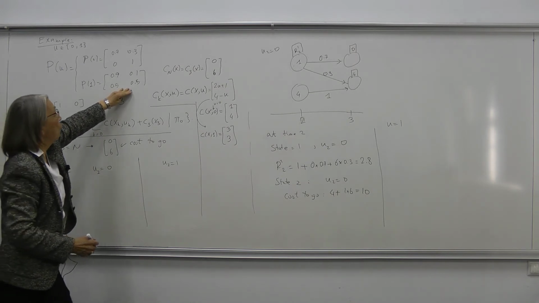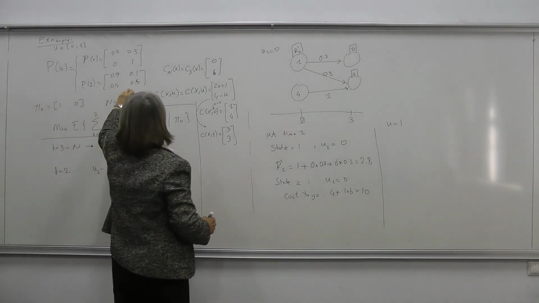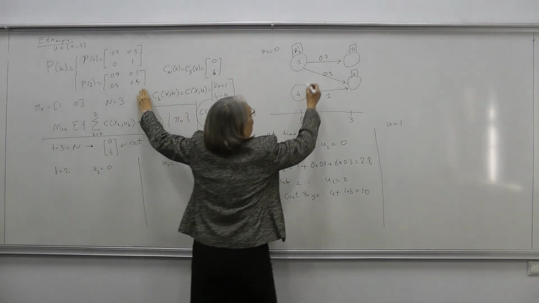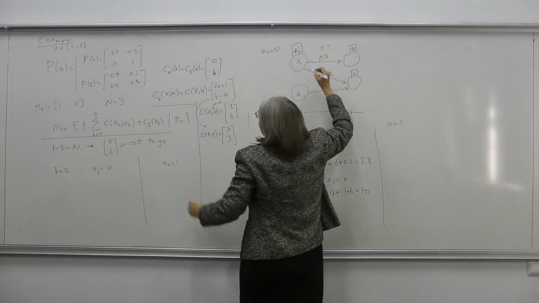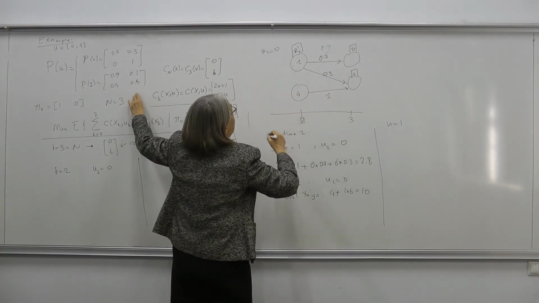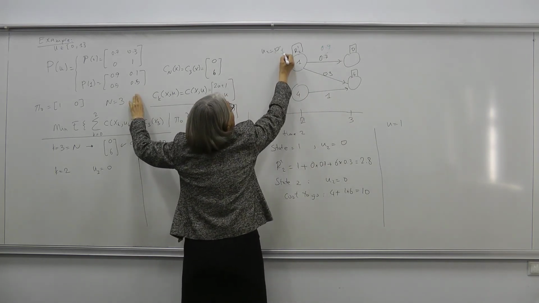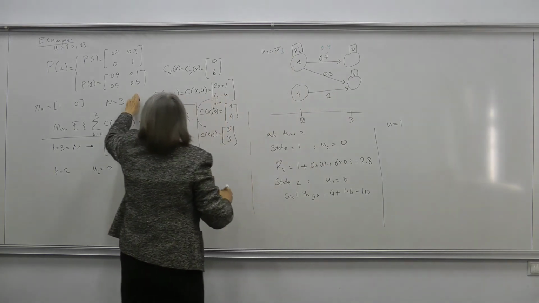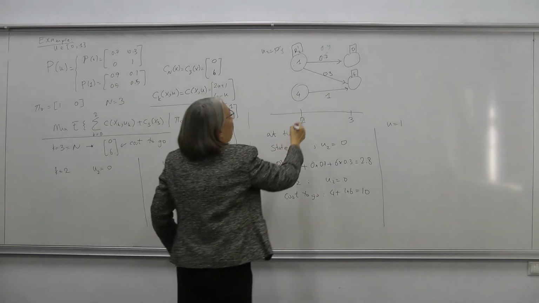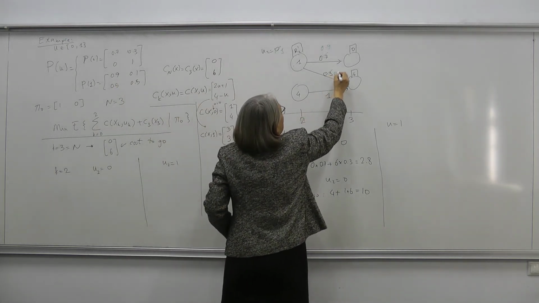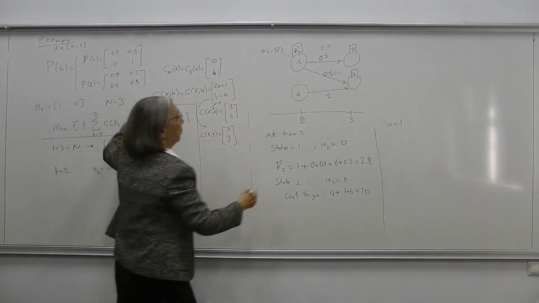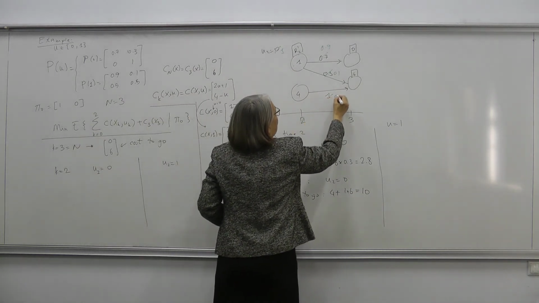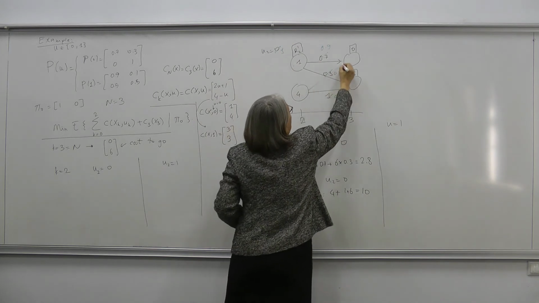Going from state number 1 to number 1 is 0.9 when the input is equal to 1, and the other probability is 0.1, and for that one, the probabilities are 0.5 and 0.5.